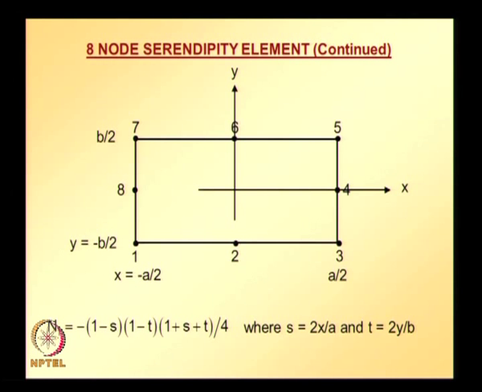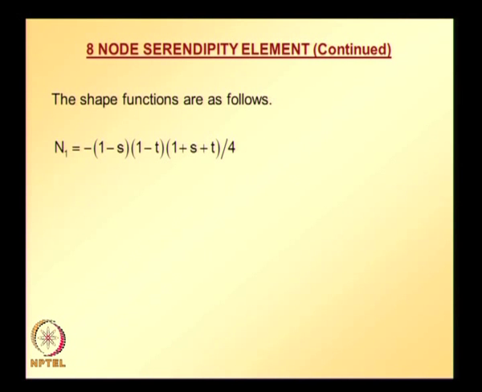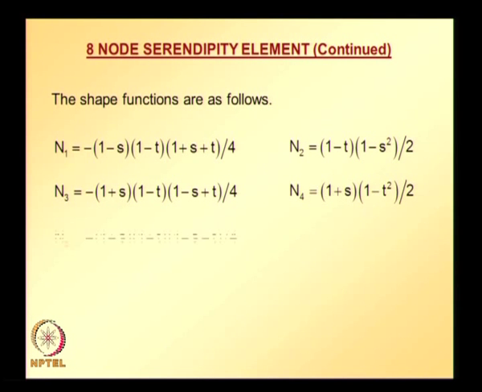So this is how we can write shape functions for the rest of the nodes. Adopting the procedure that I mentioned, one can easily write shape functions for the rest of the nodes.